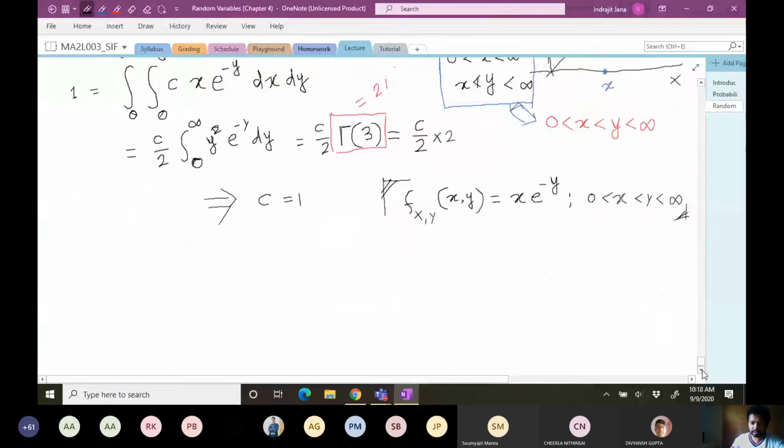Anyway, now if you calculate the marginals, the marginal of x, which is f_X(x), is given by integrating the joint PDF with respect to y. The joint PDF is x e to the power negative y dy, and the range of y is from x to infinity.